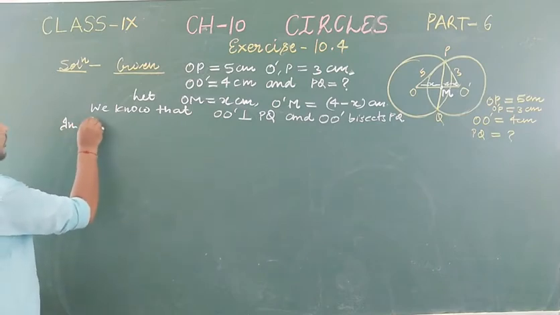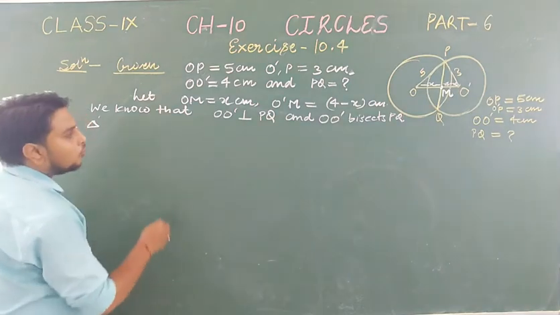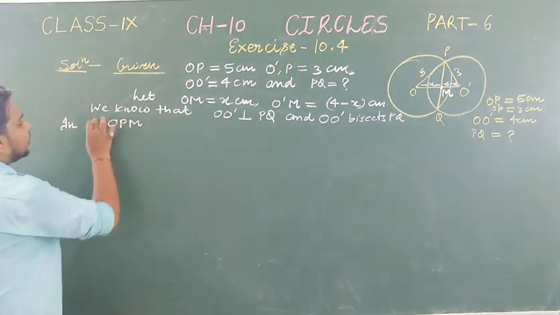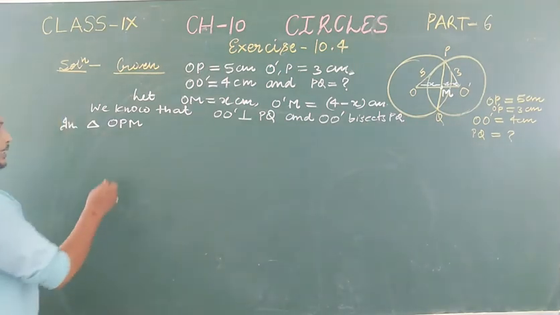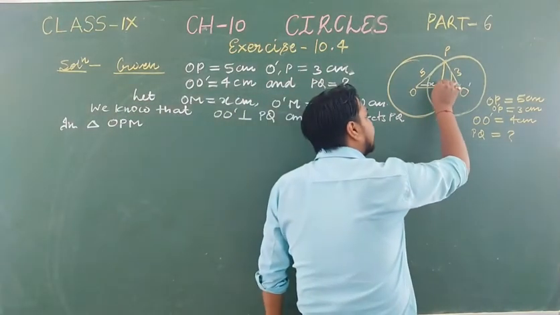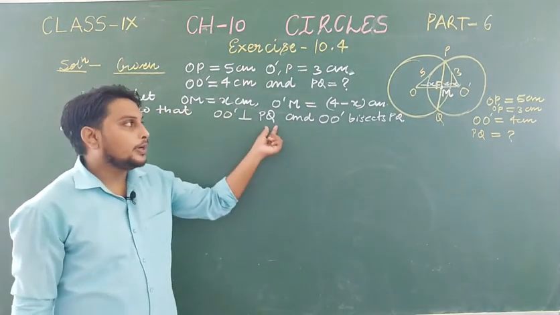Now students, let us see in triangle OPM. You can see that this angle will be 90 degrees, because OO' is perpendicular to PQ.